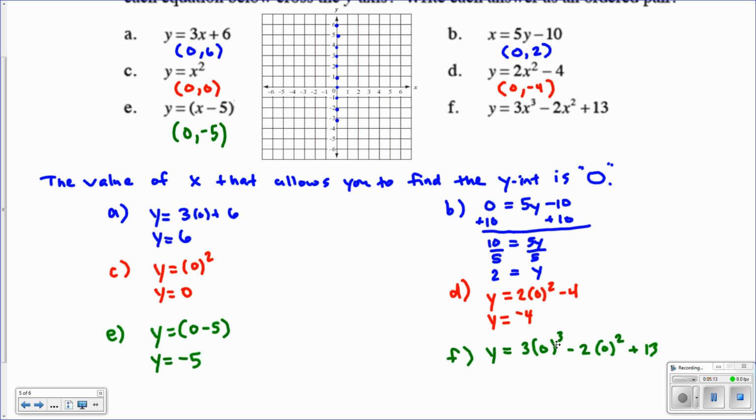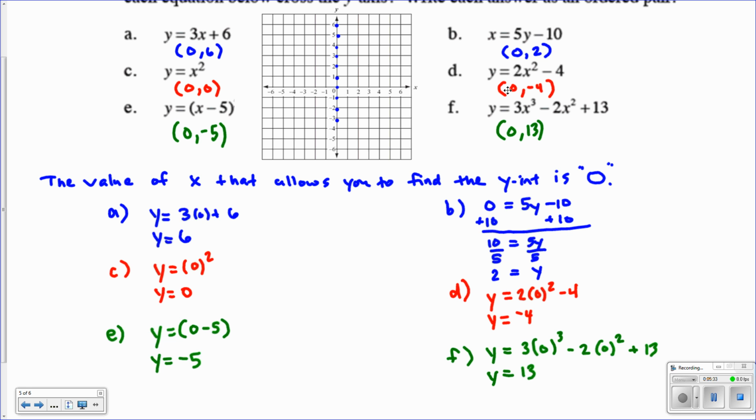Well, 0 cubed is 0 times 3 is still 0. 0 squared is 0 times 2 is still 0, and then we're left with plus 13. So we're going to have 0 plus 13, which is going to be 13. So our answer there would be 0, 13.